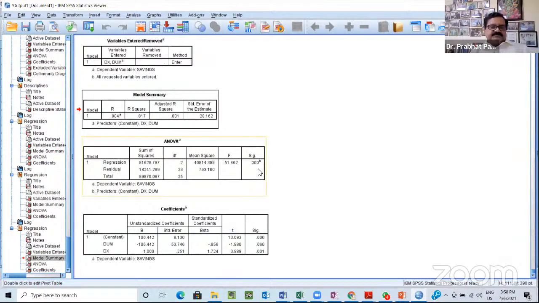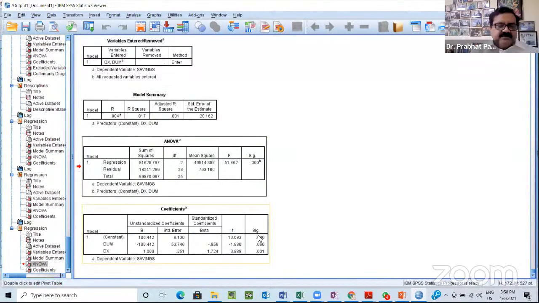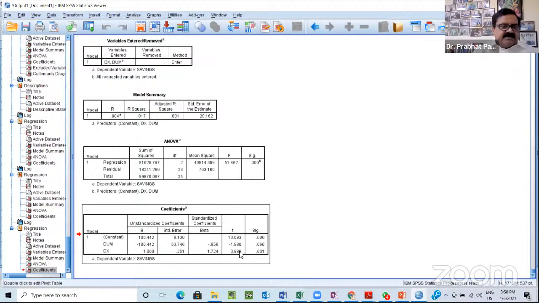Model is good, F is significant, so we go to coefficients, and here in coefficients we find these are the values that we got. This is for the interactive dummy, and this is for the simple dummy. We find that the simple dummy that we have created is significant, and the interactive dummy is also significant.